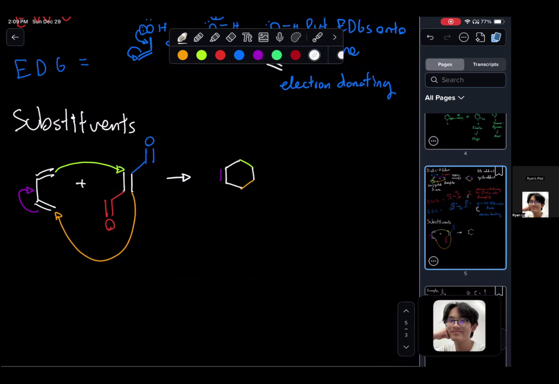All right, cool. So make sure you have the base structure good. And so basically, if it's pointing this way, like our red here, if it's pointing that way, then it's going to be a dash. If it's pointing the opposite direction, if it's pointing this way, it's going to be a wedge.